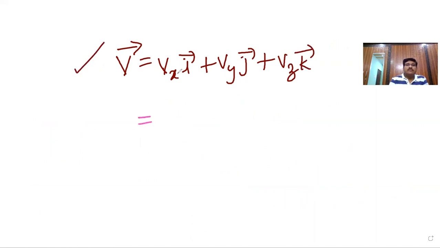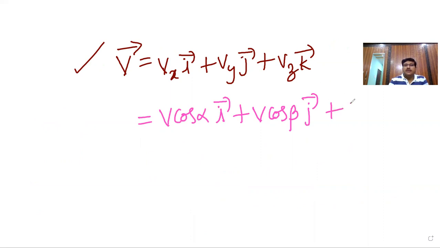Now, in place of Vx, what is there? V cos alpha, direction cosines we have written, i bar, plus Vy, that is V cos beta j bar, plus Vz, V cos gamma k bar.